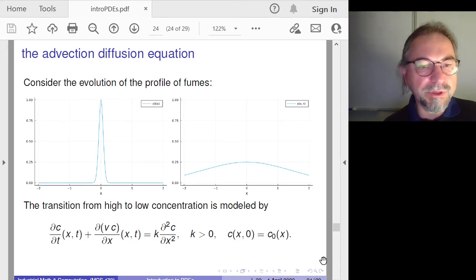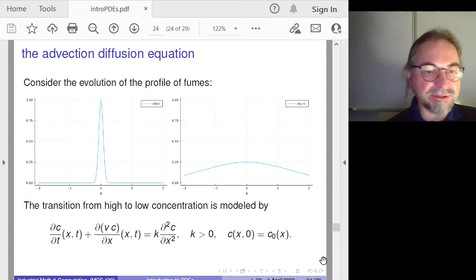So we are transitioning now from a high to a low concentration that is modeled by this advection equation with now a non-zero right hand side. So if you forget the middle term, the derivative with respect to x, you actually have the heat equation or the equation of diffusion.